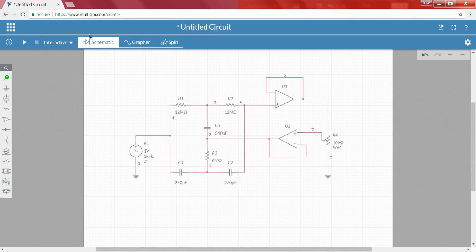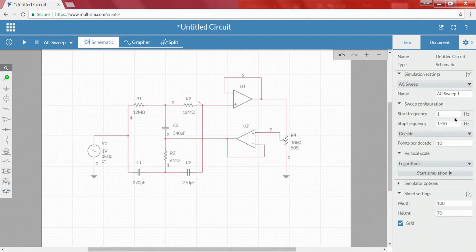In order to verify, we will go to AC sweep and keep some settings here: 1 hertz, and the stop frequency we may not require up to 1e10. So, we will go up to somewhere around 200 hertz, with 10 points per decade, then logarithmic scale, then start simulation.